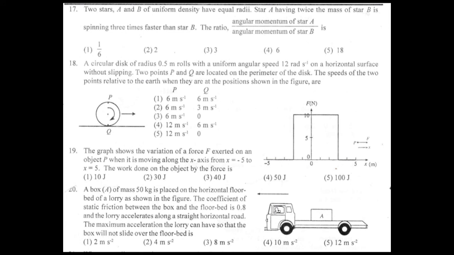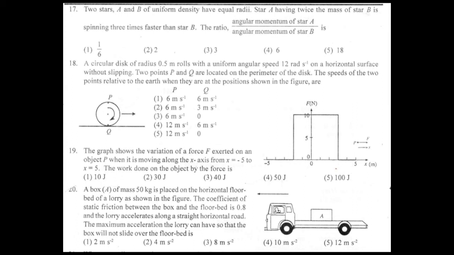Question number 17. Two stars A and B, uniform density, equal radii. Star A has twice the mass of star B, and star A is spinning 3 times faster than star B. Now take A and B separately. B's mass is m and A is 2m.